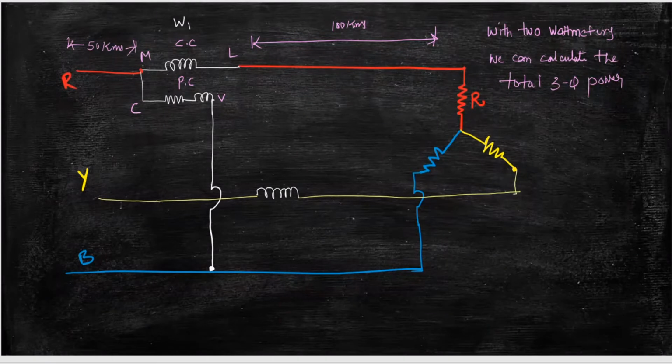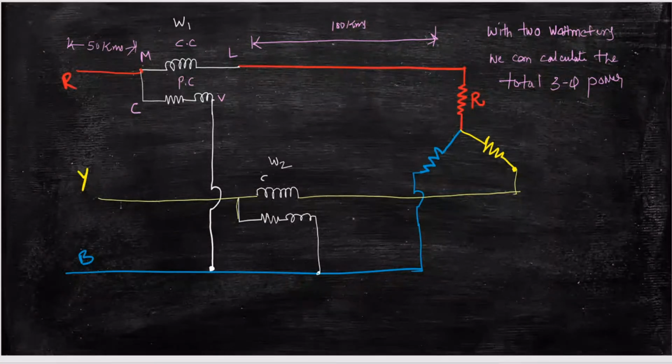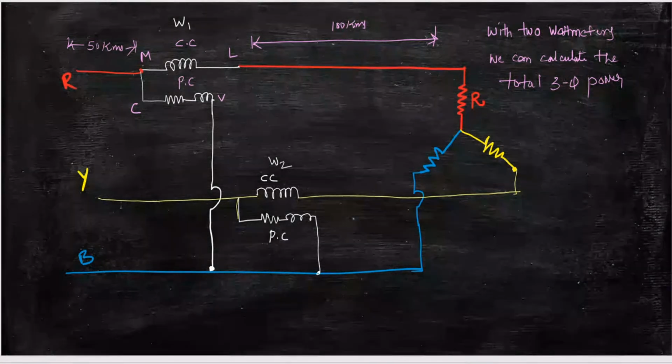Here my neutral is B phase, so I will connect the pressure coil to B. So this is W2. Since I am using B as a neutral point, I won't connect any wattmeter to this B. So this is the current coil of the second wattmeter, and this is the pressure coil of the second wattmeter.